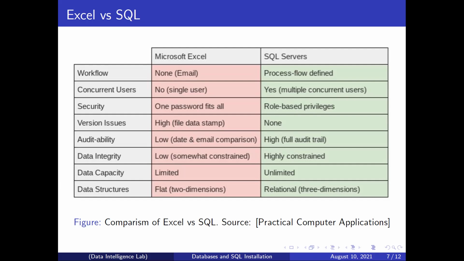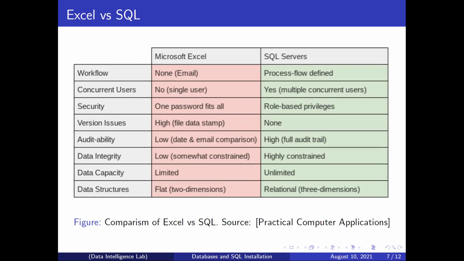You can see correlation between two variables max at a time in Excel, but in SQL, you can do much more relational dimensions, right? You can see much more interesting information about your data. So database management system is actually much more robust and much more defined than using Excel.